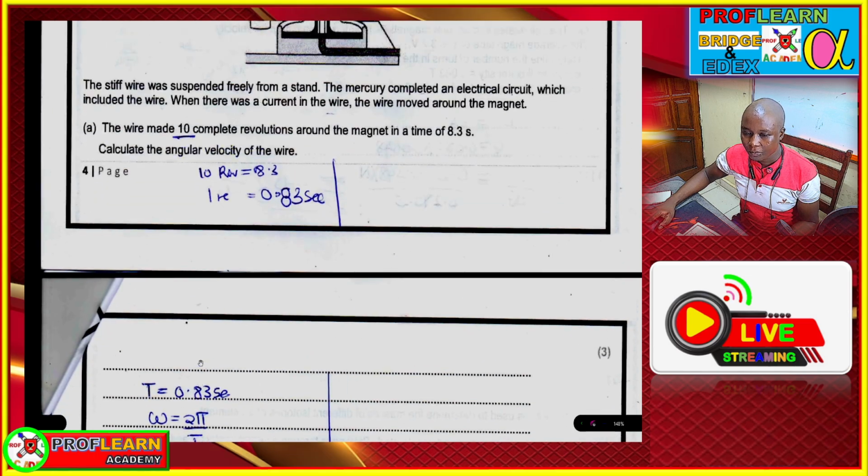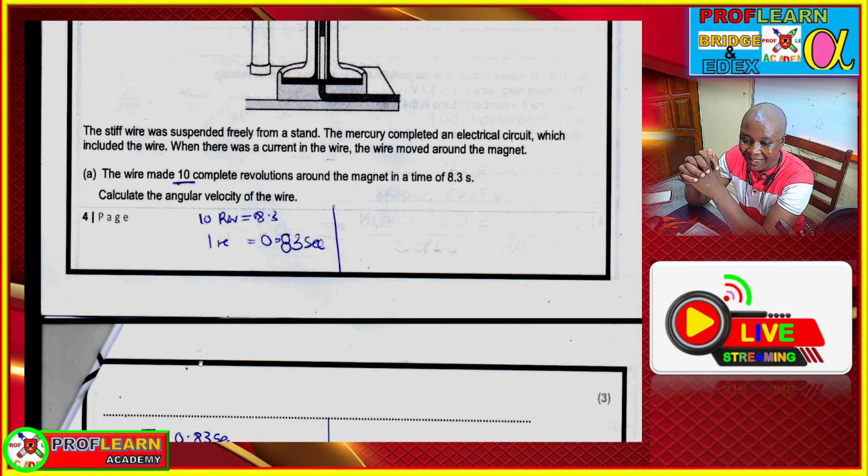So we were told that the wire made 10 complete revolutions in 8.3 seconds. If it's making 10 revolutions in 8.3 seconds, one revolution will be what? That will be 8.3 divided by 10, which is 0.83 seconds.